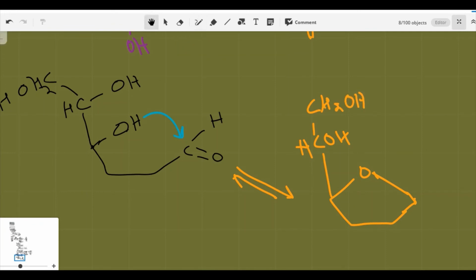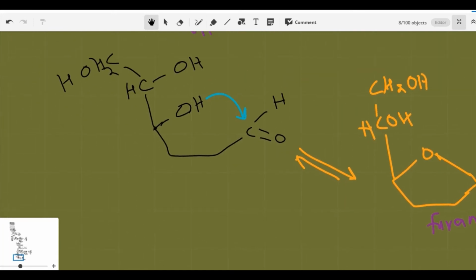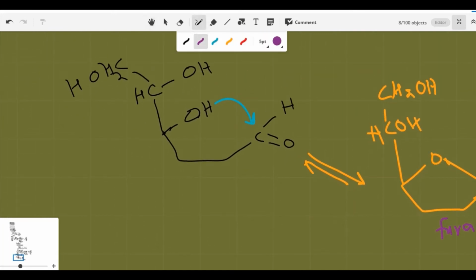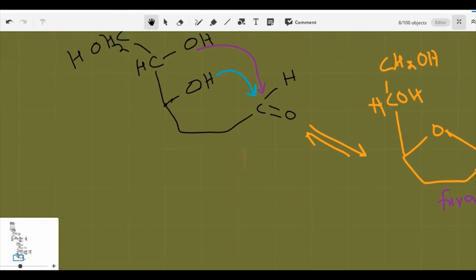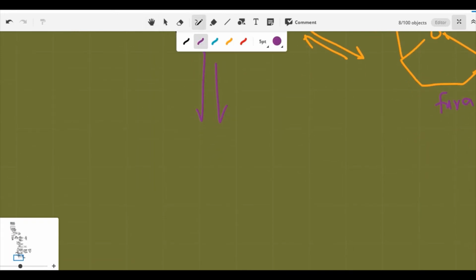Okay, and if that is known as furanose form. Okay, and if the C5 hydroxyl group reacts with the aldehyde group, it will make a 6-membered ring, like the pyranose form.